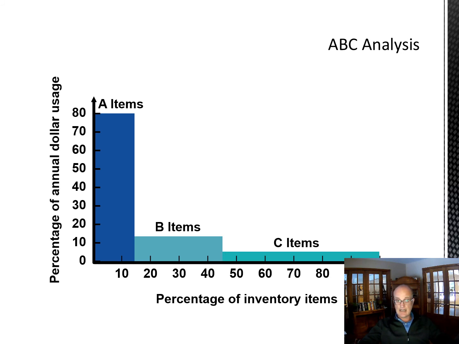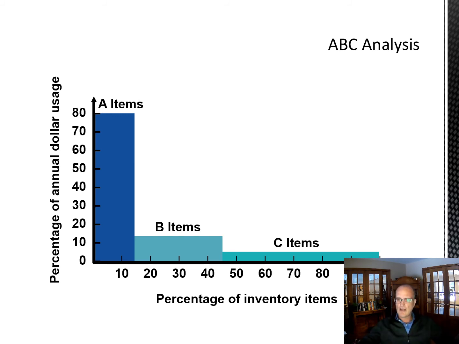So the A items were only about 15% of the total, but they represented a significant chunk. B items were a bigger chunk of the items, but a much smaller chunk of the cost, and the C items, again, lots of them, but represent not very much. So it's just a graphical presentation of the same thing.